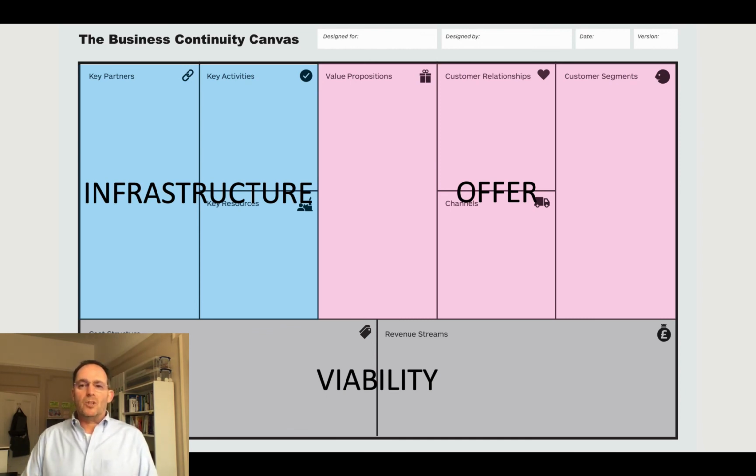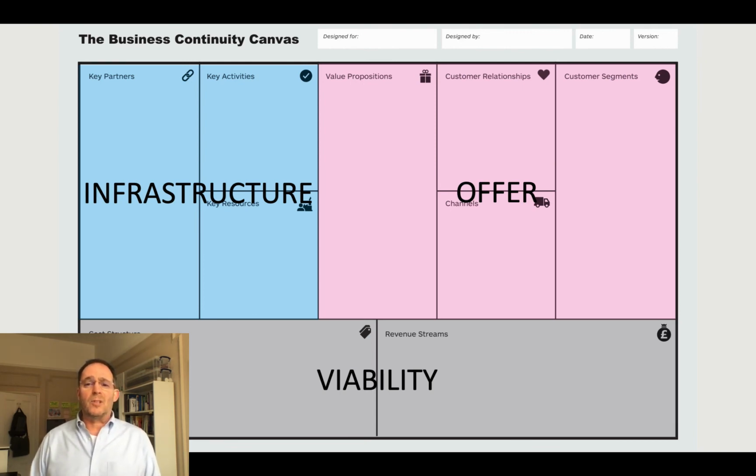So we've looked at each of the 9 elements. Out of it has come a number of actions that often involve talking to people, customers, partners, contractors, to find out what their situation is, assessing the risk, and at the moment we're not doing this in a scientific way.